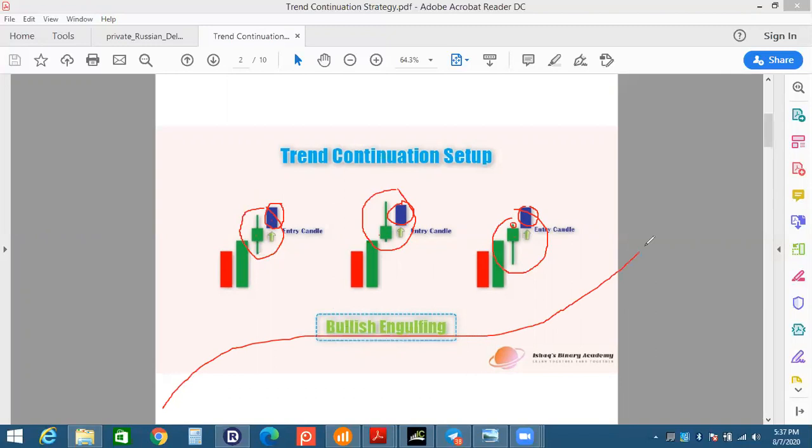If you want very, very low risk, take the bullish setup above the 50 moving average. If you want medium risk, then you can take it in the downtrend also. But if you say the risk must be low, that you cannot lose the trade, then you must take all these setups above the 50 moving average for every bullish setup. And for the bearish setup, if the pattern is below the 50 moving average, then you can take it.